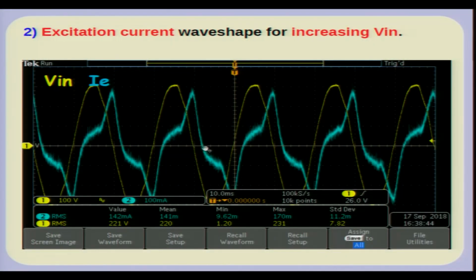So, you require much more current to create that flux. You see this non-linearity, and because of it the current response is not sinusoidal, it has harmonics. It does not even have quarter wave symmetry, because it is also having hysteresis. So, there is hysteresis, eddy current and saturation occurring, and now your waveform looks quite distorted.